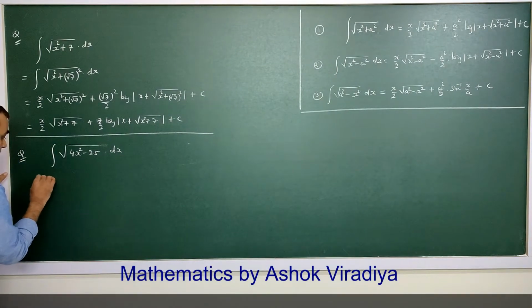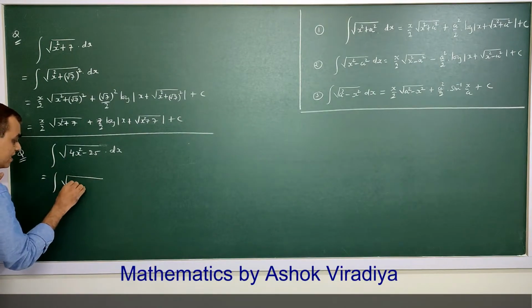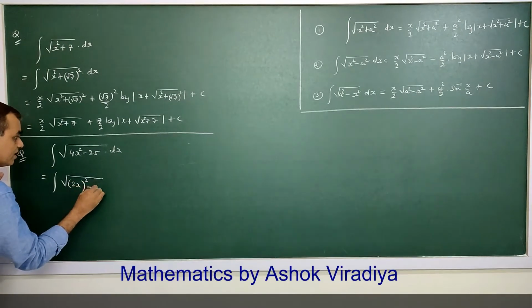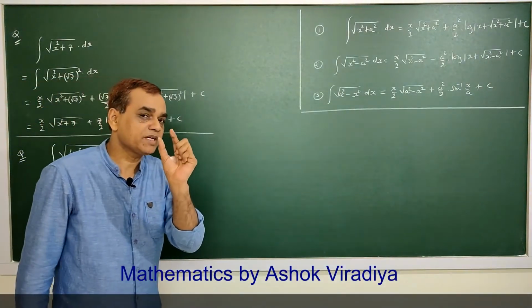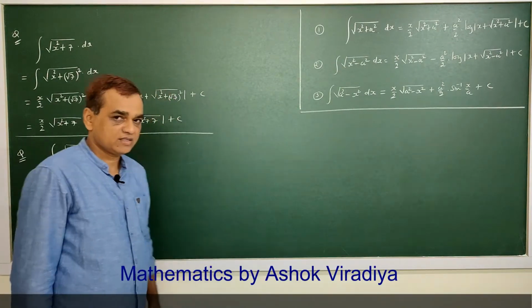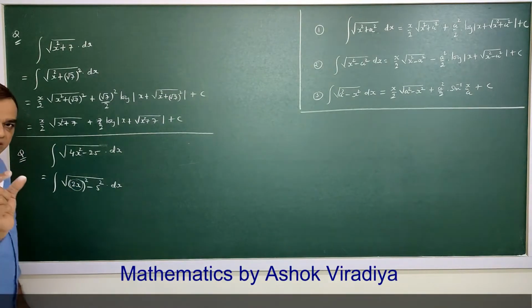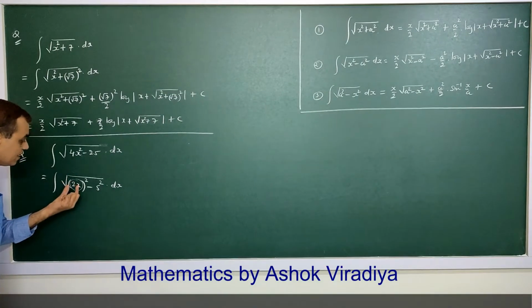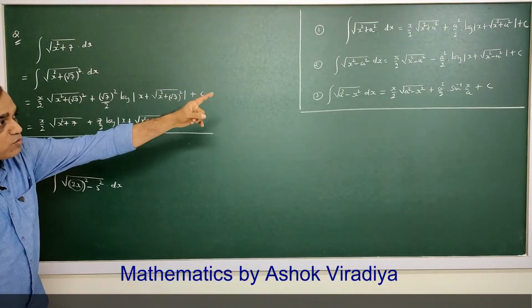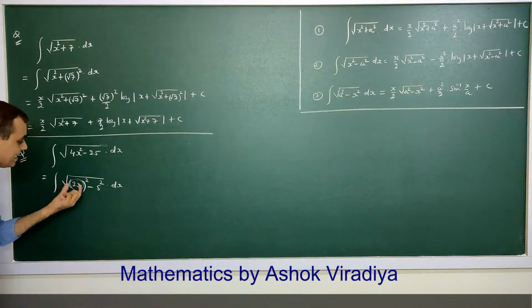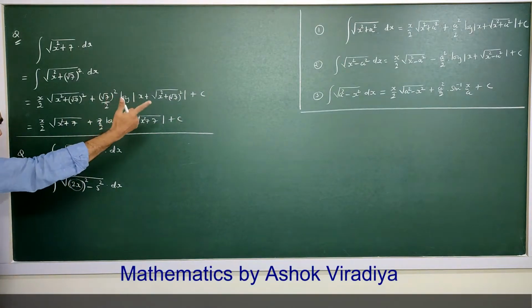So what we do here is express 4x square as 2x whole square, and 25 is 5 square. Now here we change the variable. Putting t here, we can have the pattern of this formula. The coefficient of x square must be 1, so taking t, it will be t square minus a square. So we can have exactly that form.